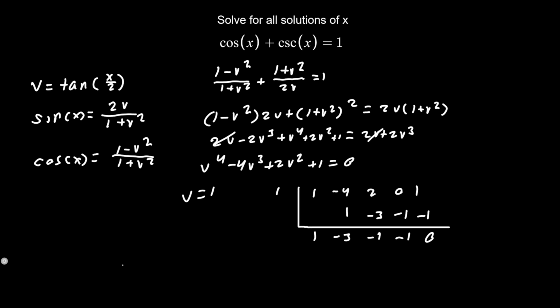So we have our expression v minus 1 times v cubed minus 3v squared minus v minus 1.